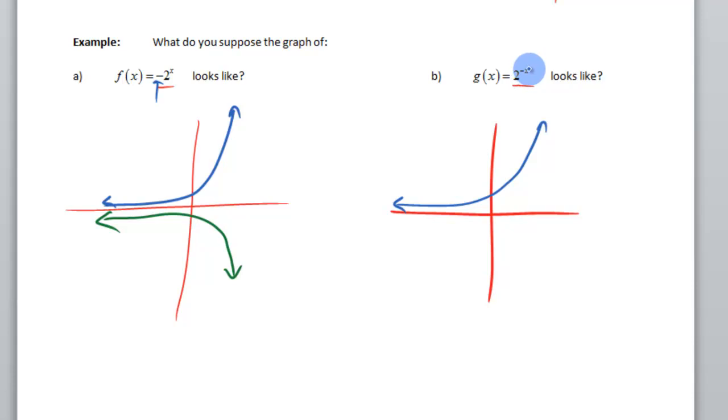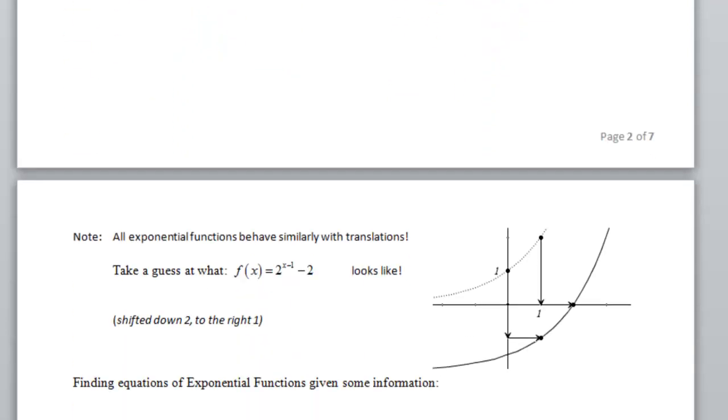But now you're taking the opposite of all the x values, right? So this was here, but now you're going to take the opposite of it, so now it's over here. So it actually would swing this way and go through, reflect over the y-axis, reflect over the x, reflect over the y. So all the same things you know about transformations hold true.